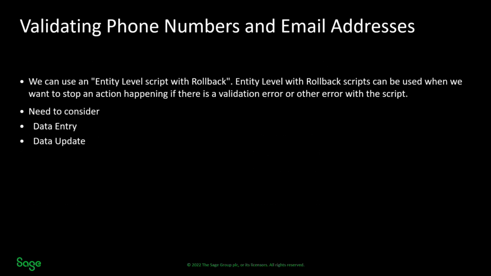Let's have a look at the idea of rollback in action on a fairly straightforward example. We can use entity level script with rollback, and this allows us to stop the action happening. So this is the equivalent of the validation rules. Now, we have to think about how we're coming to enter the data and updating it.